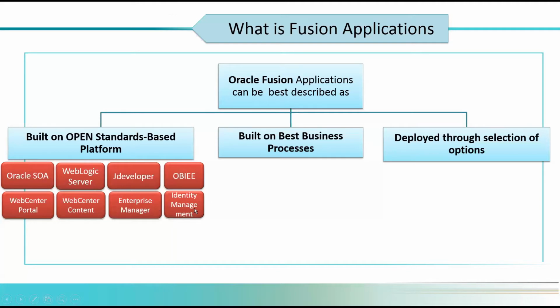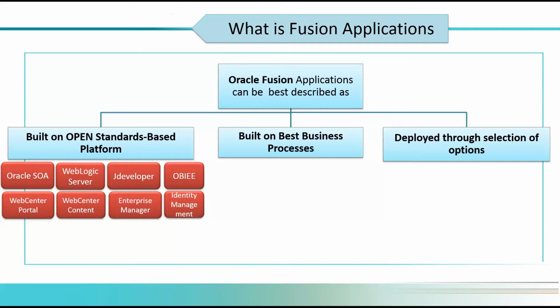And Identity Management covers creating a user through to terminating the user, providing the accesses, roles, and many more things. So basically, you can use any of this open standards based platform to create any application and use it for your organization's purposes.